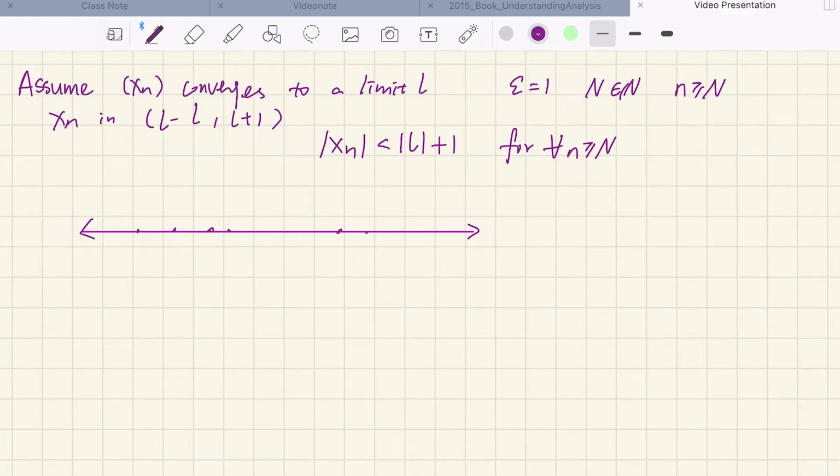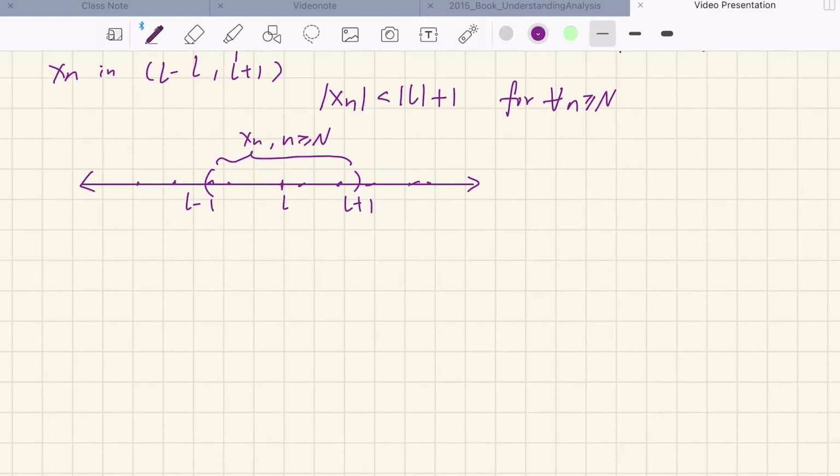So all of the dots you can see are elements in Xn, and we take an interval L minus 1 to L plus 1. In the middle is L. And in this interval is obviously Xn for small n bigger than or equal to the big N. Notice here we wanted to state that we have this M equal to the maximum of all of the numbers in Xn.